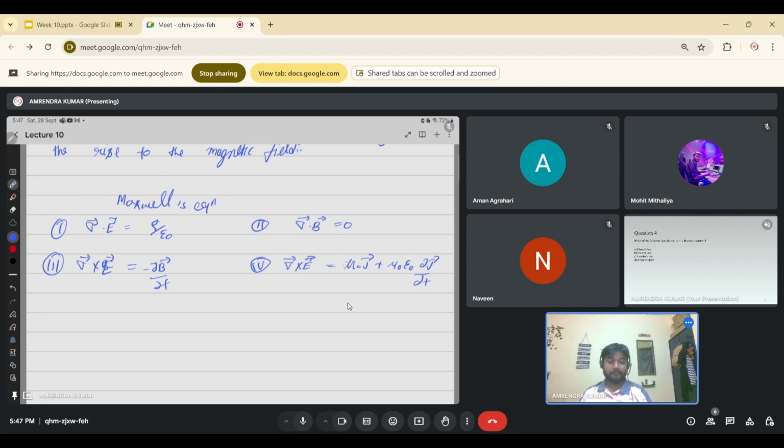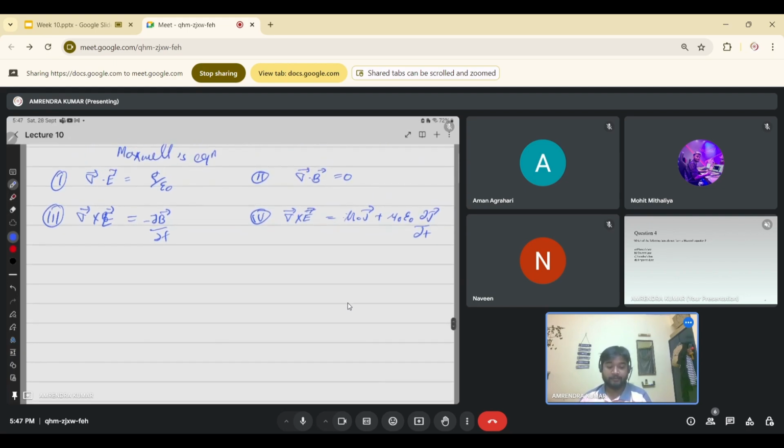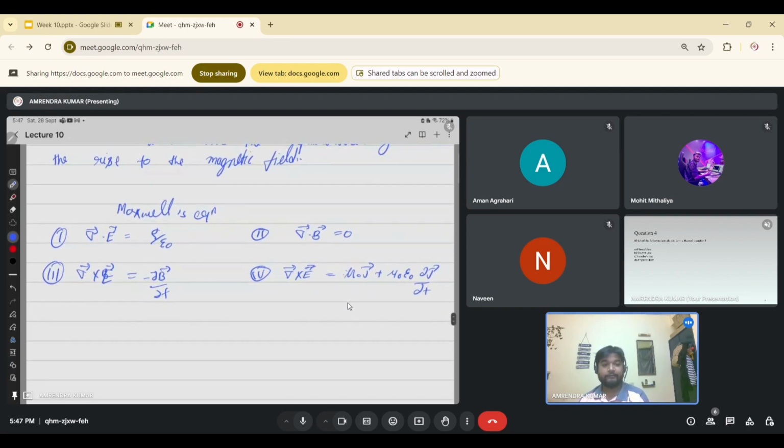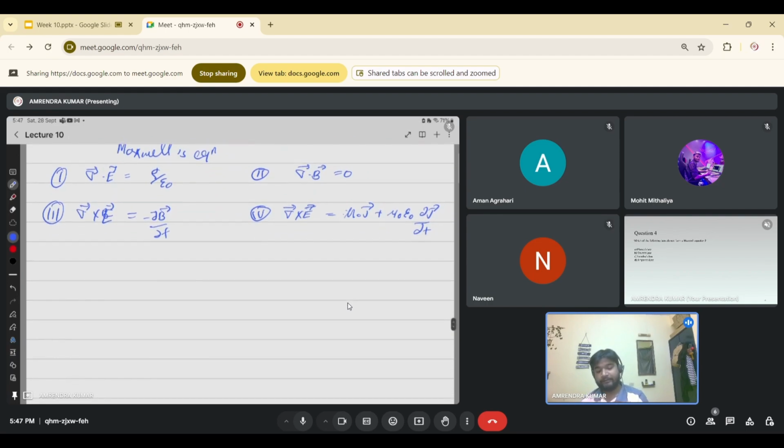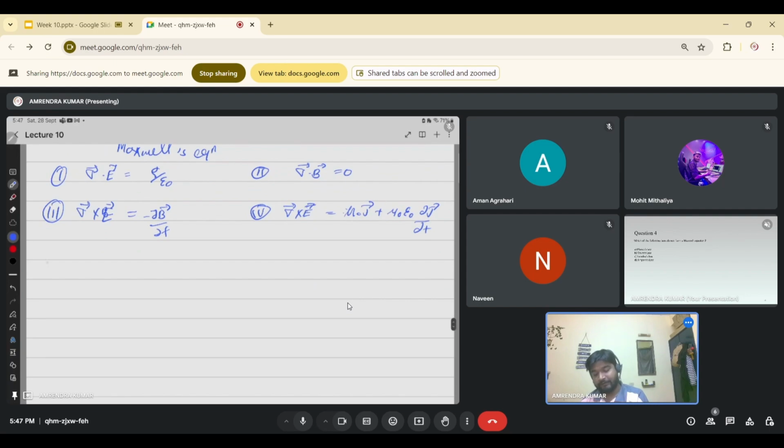Now what does this mean actually? Where do these equations come from? Let's say we are talking about equation one, del dot E is equal to rho upon epsilon naught. This is the differential form of Gauss law. So what was Gauss law?